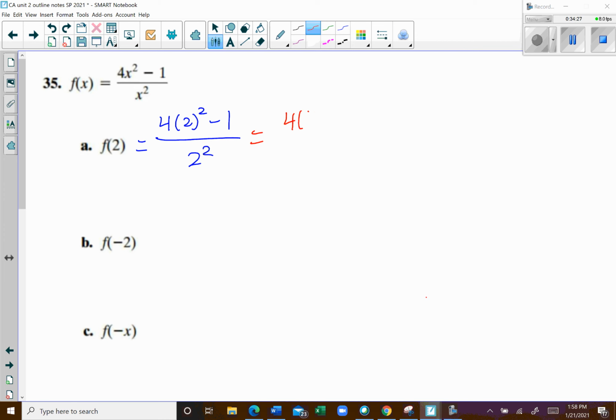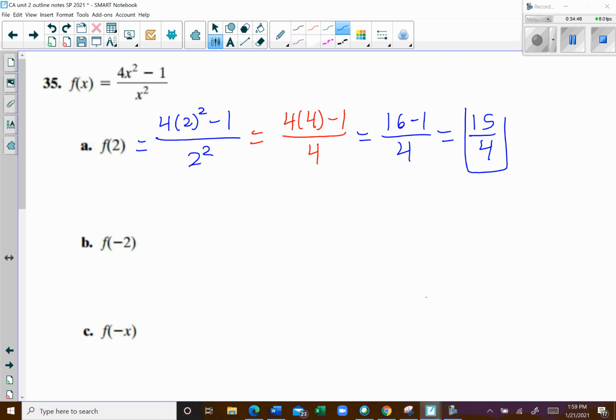We're going to have 4 times 4 and then minus 1, and then on bottom, that'll be a 4. Once again, don't try to cancel out because we have a minus sign right there. So this will become 16 minus 1 over 4, and then we'll end up with 15 over 4. They don't have anything in common to cancel out, so we'll leave it like that.